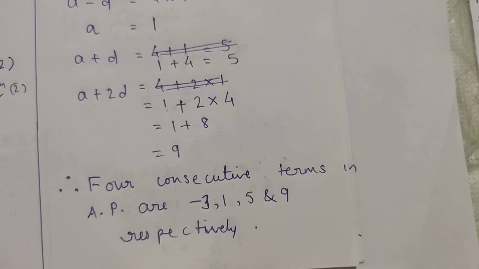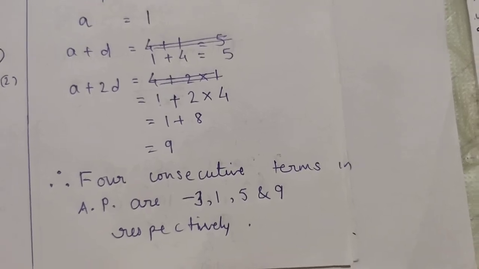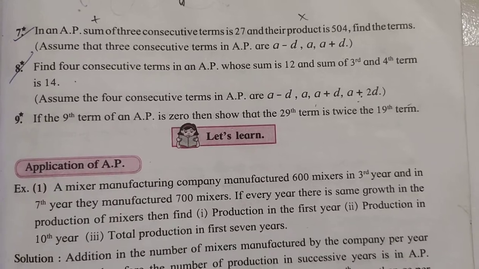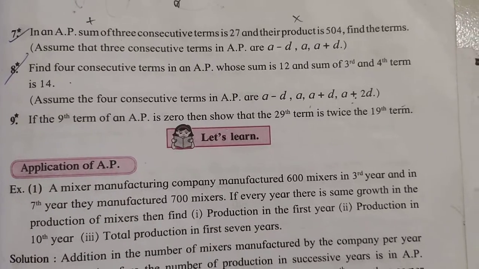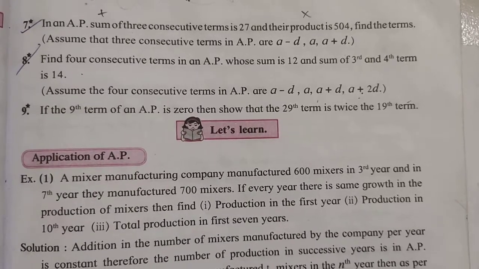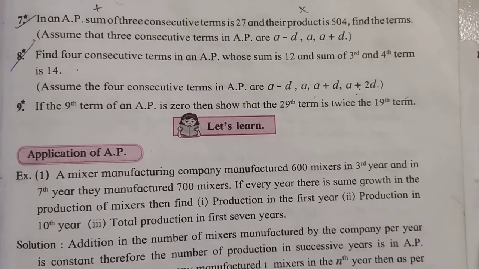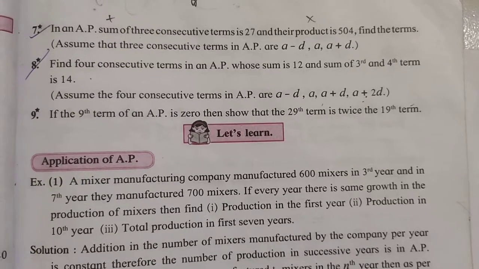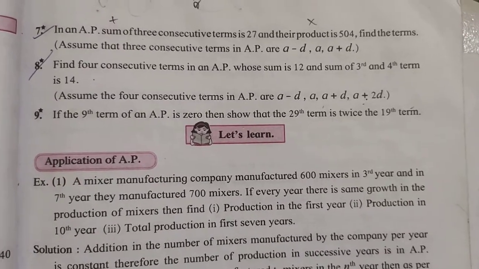Now we have to solve question number 9. So students, let us see question number 9, which is here. See the question. If the ninth term of an AP is 0, means we are given that T9 is 0, then we have to show that the 29th term is twice the 19th term.